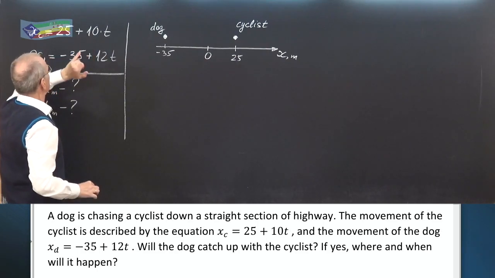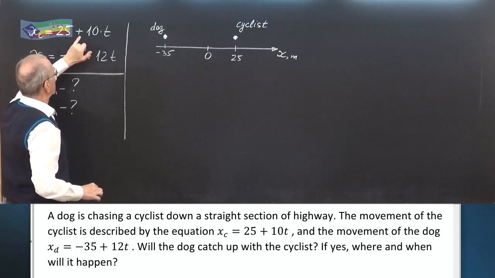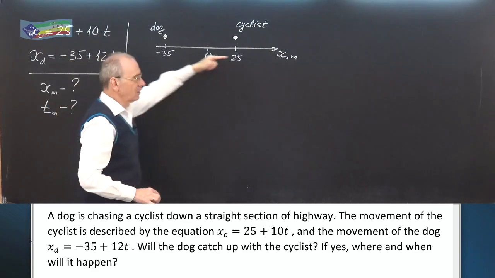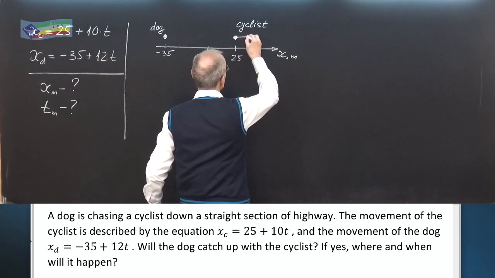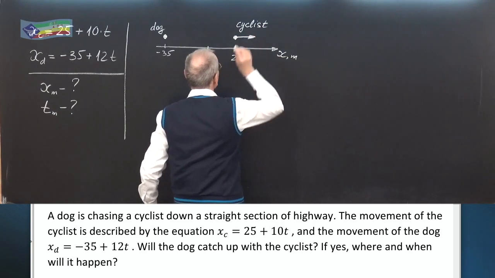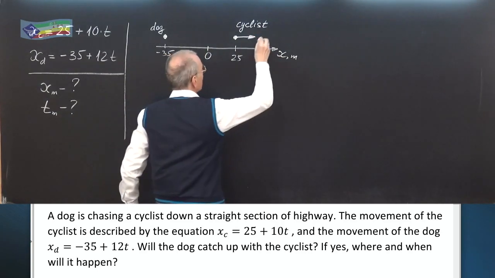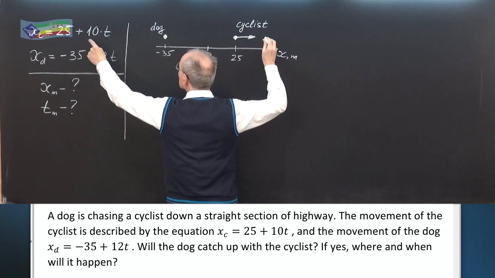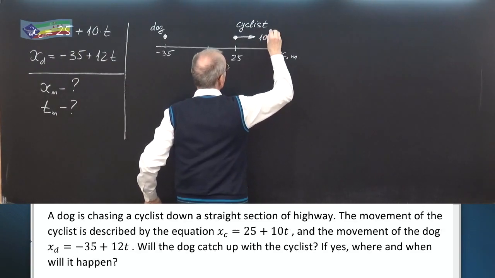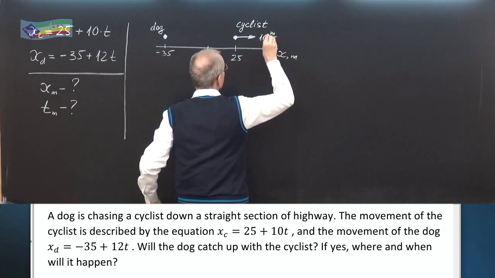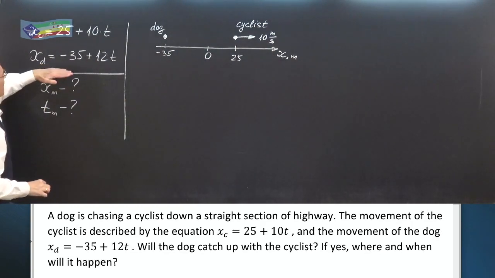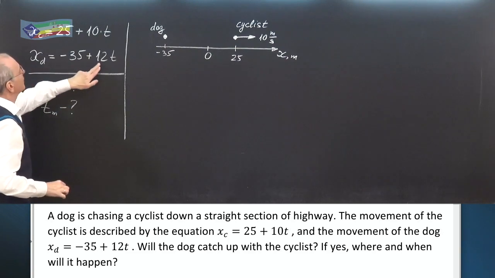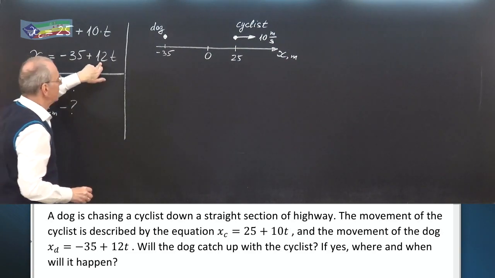That means that the cyclist moves along the x-axis at a speed of 10 meters per second. The dog runs at a speed of 12 meters per second.